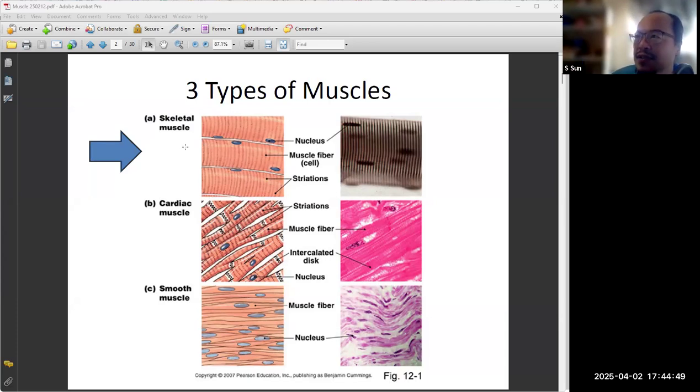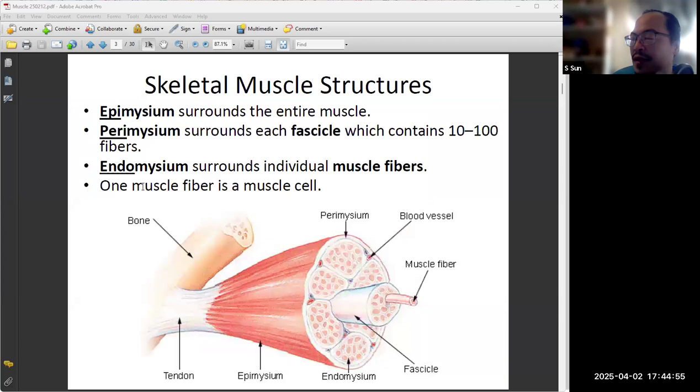So when we look at skeletal muscle, what we need to know is that this is the muscle that connects with the bone. So what do we see here? We see muscle organs that connect with the bone.